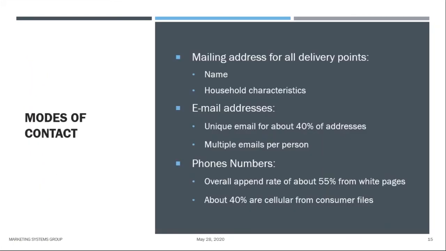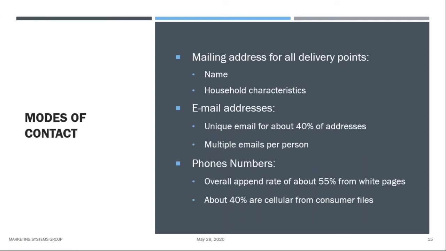In terms of mode of contact, as mentioned earlier, one of the beauties of address-based methodology is that it provides a platform that not only provides complete coverage, but it also allows for multiple modes of contact. Obviously, having the mail address, one can contact households based on regular mail.